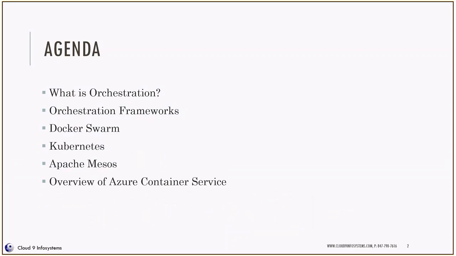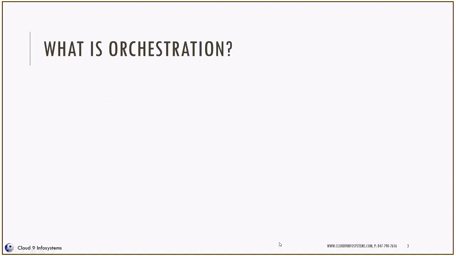Diving right into the first thing, which is what is orchestration? So the Docker platform and the surrounding ecosystem contains many tools to manage the life cycle of a container.